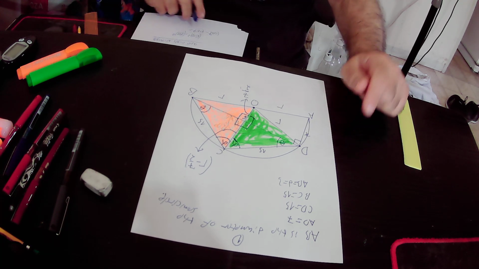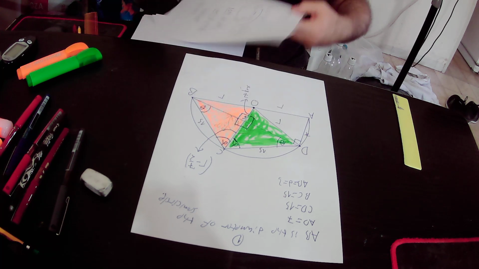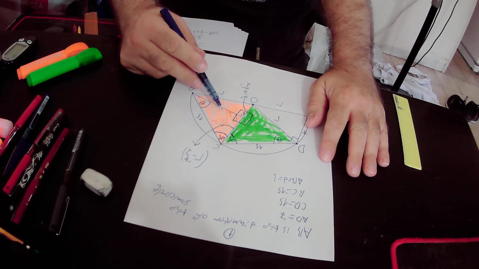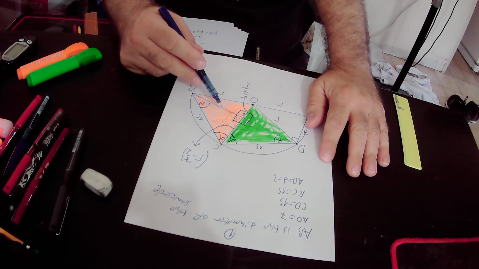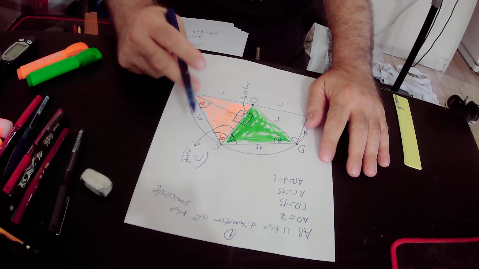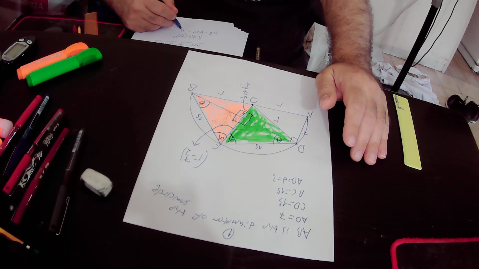And the second EB square will be related to the right triangle BEC, and in the right triangle BEC, EB square will be equal to BC square minus EC square.